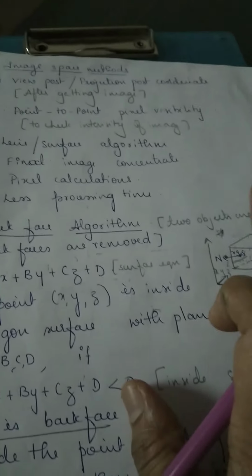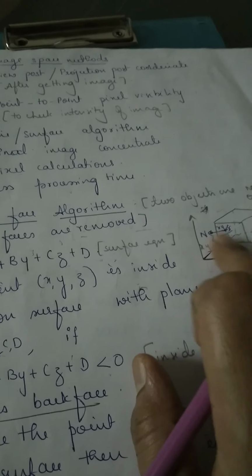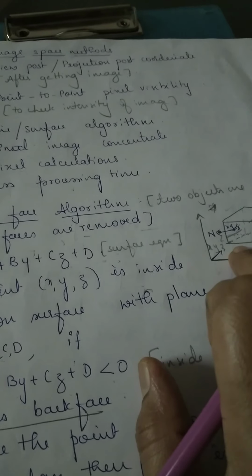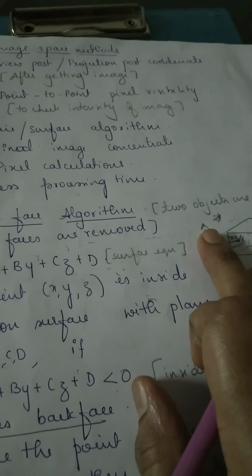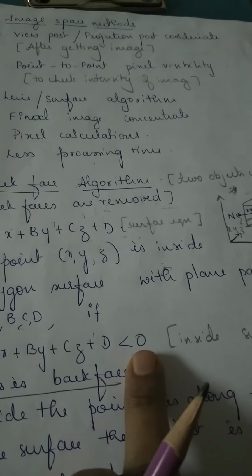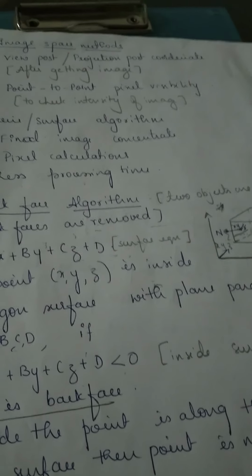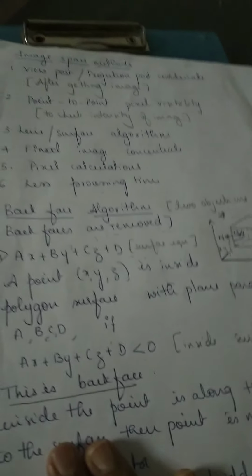So before applying the backface algorithm to any point on the plane, first we need to check whether that point is inside the surface or outside the surface, just to reduce the processing time. So this equation decides: if it is less than 0, the point is inside the plane.